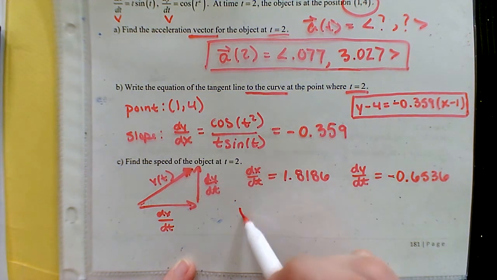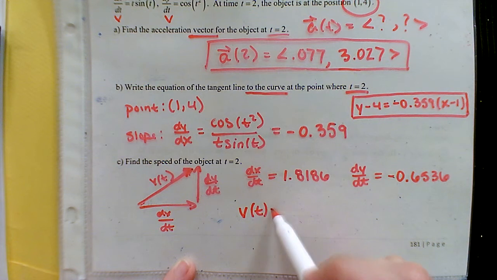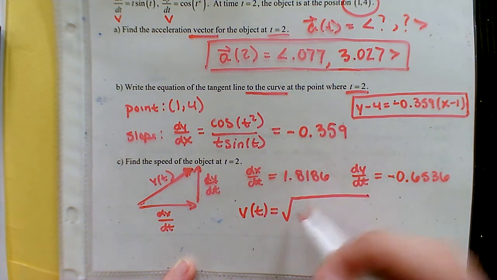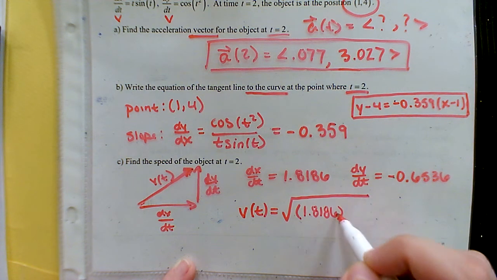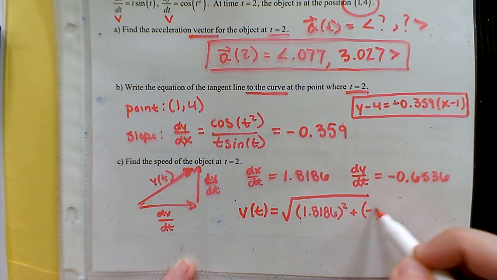All right, so the velocity or the speed would be Pythagorean theorem. We would need the square root of those values squared.